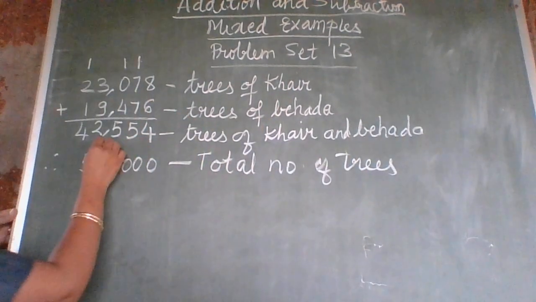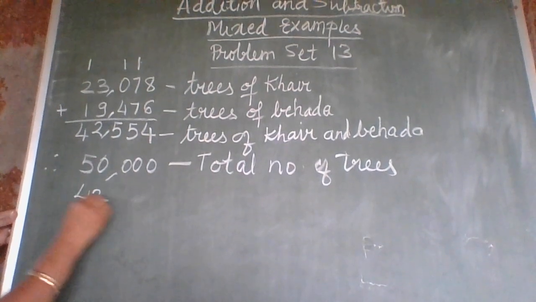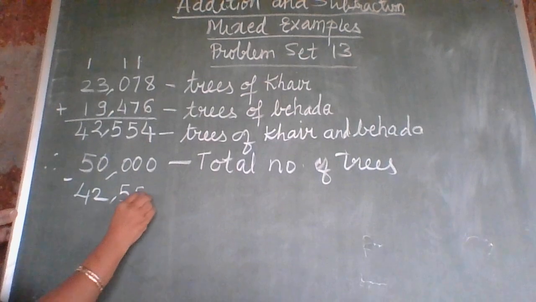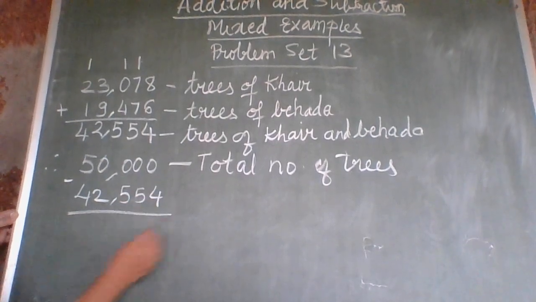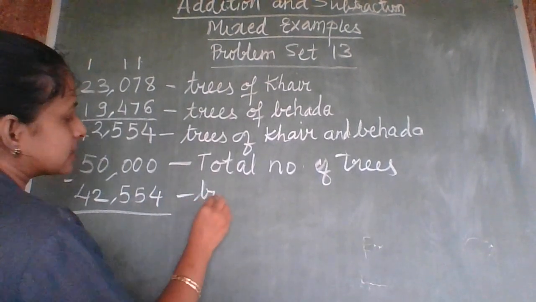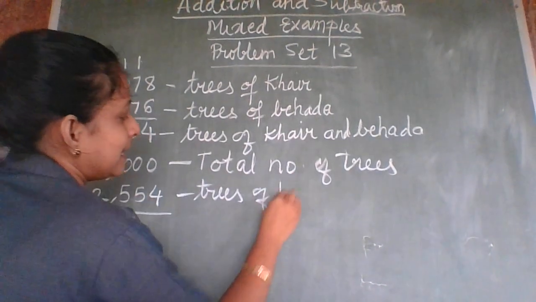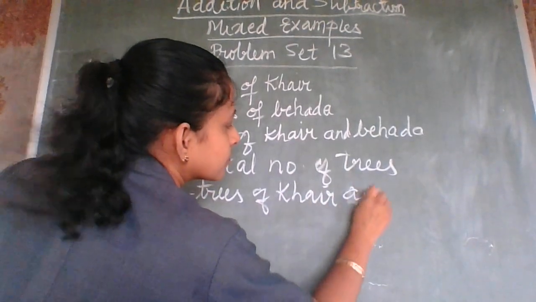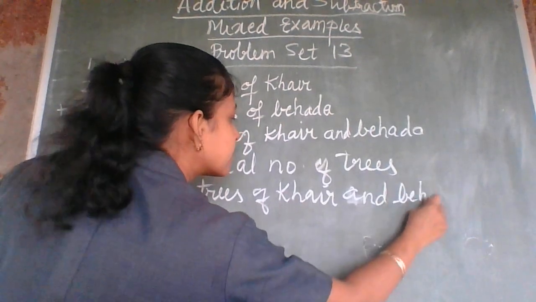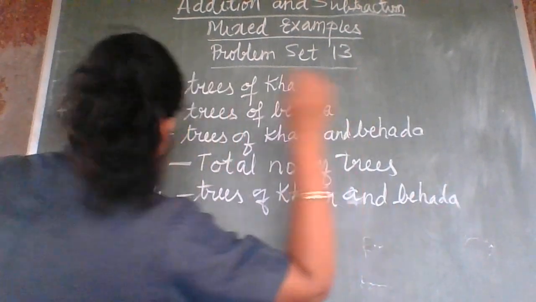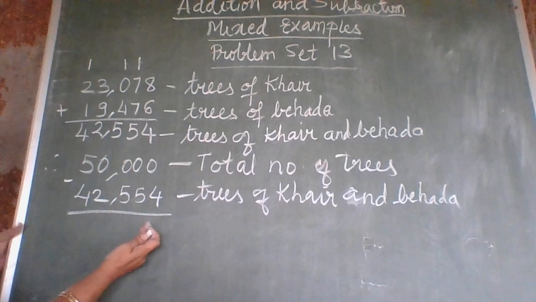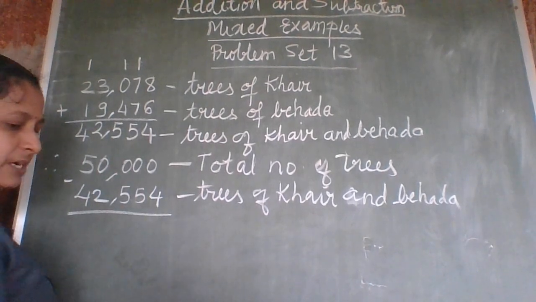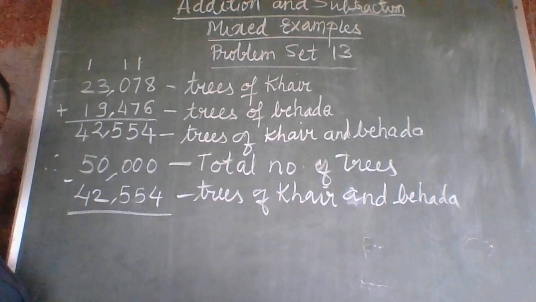From this we have to subtract the trees of khair and behda, that is 42,554. We will get the other trees which were neither khair nor behda.